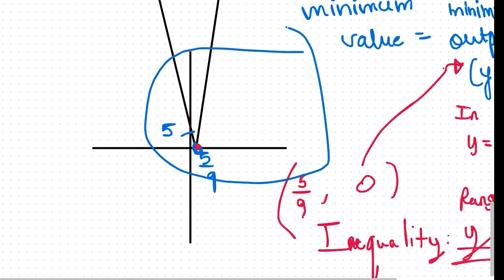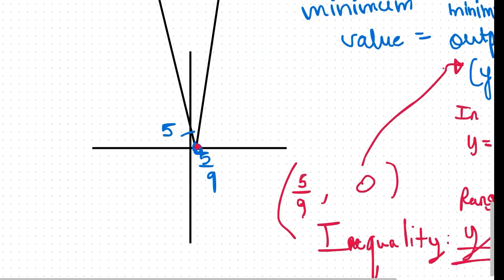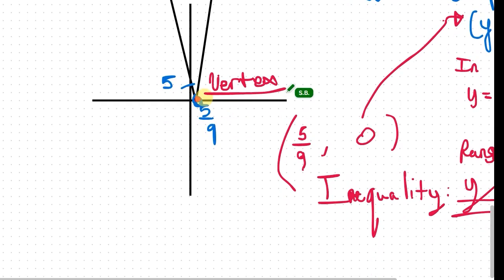Where is the sharp point on this graph? There, right? This point is called the vertex of the absolute value function.